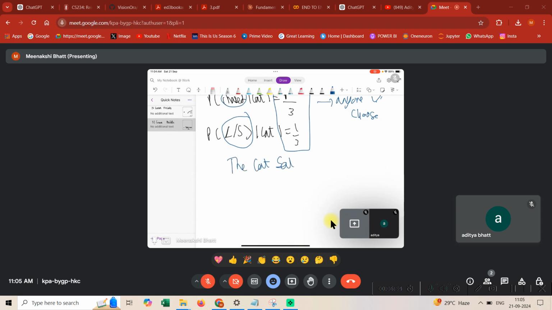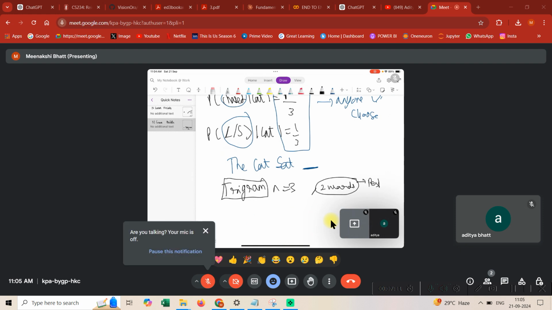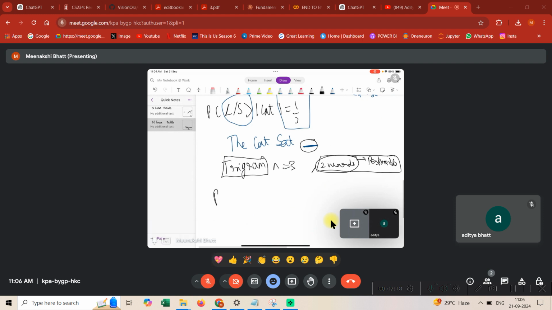Now for the next word, let's use a trigram model to predict it. Trigram, guys, n is equal to 3, so two words would be responsible for predicting the next word. So the next word would be predicted from cat sat.